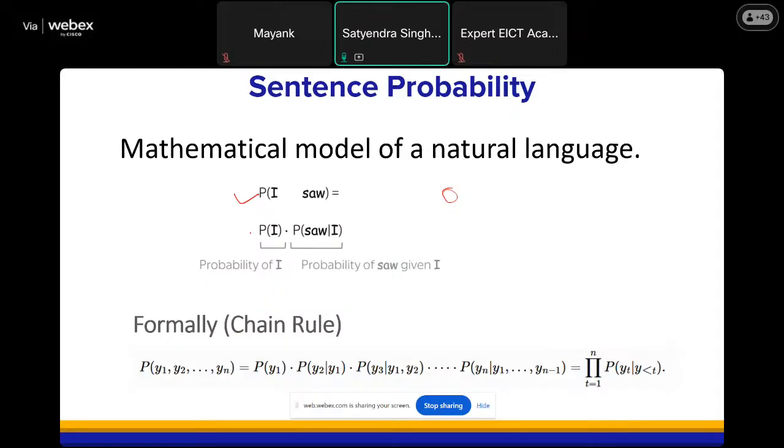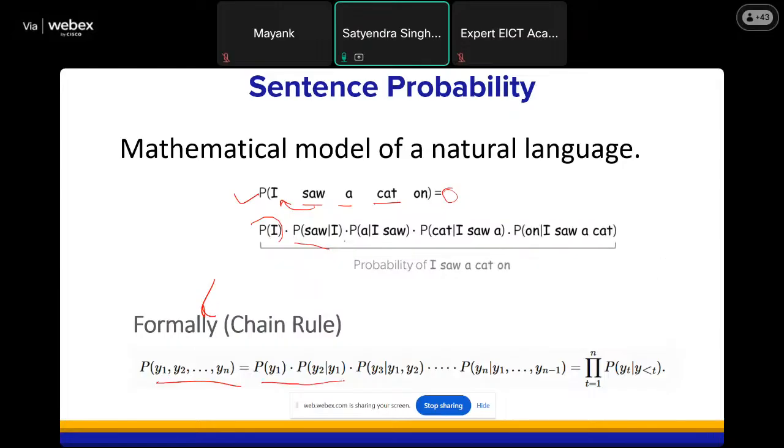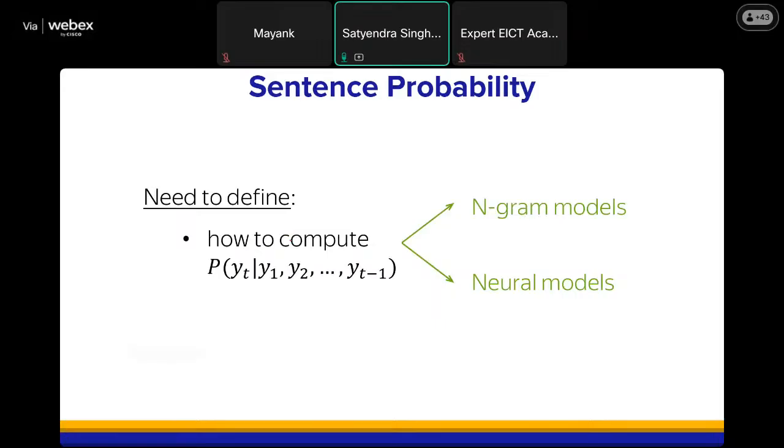It is defined by the probability of I, multiplied by the probability of the next word given the previous word, multiplied by the probability of "a" given "I saw", then the probability of "cat" given "I saw a". So formally, a whole sentence probability is defined as a product of the probabilities of its tokens given the previous tokens. Now, how do you compute the probability of a particular token given the previous tokens?